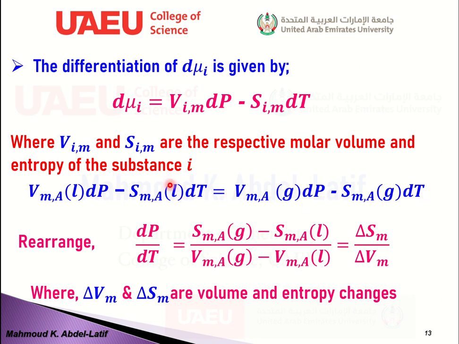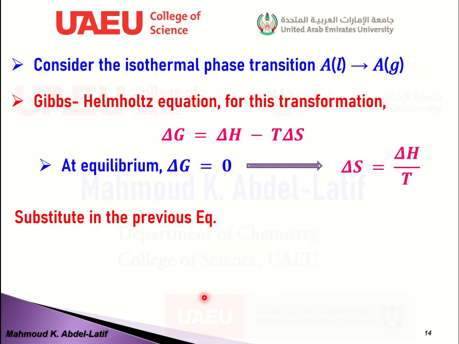Just rearrange this equation and get dP by dT on one side, and you end up with the change of the molar entropy divided by the change of the molar volume. So dP divided by dT will be delta Sm divided by delta Vm, where delta Vm and delta Sm are the volume and entropy changes. That's good. Remember this equation.